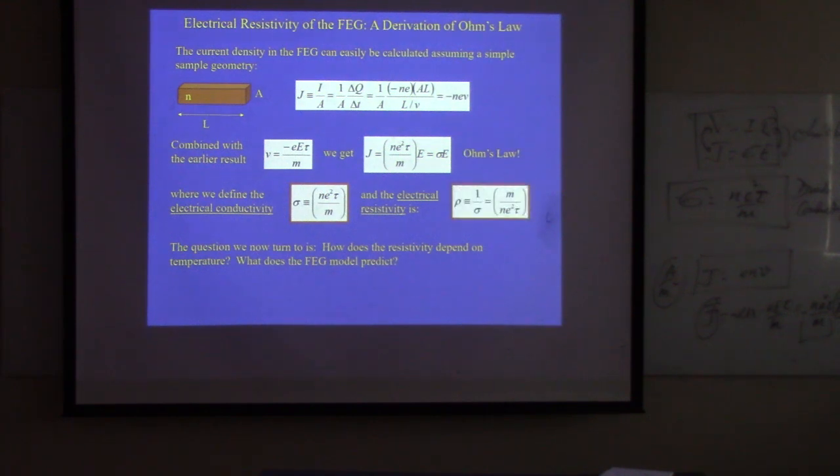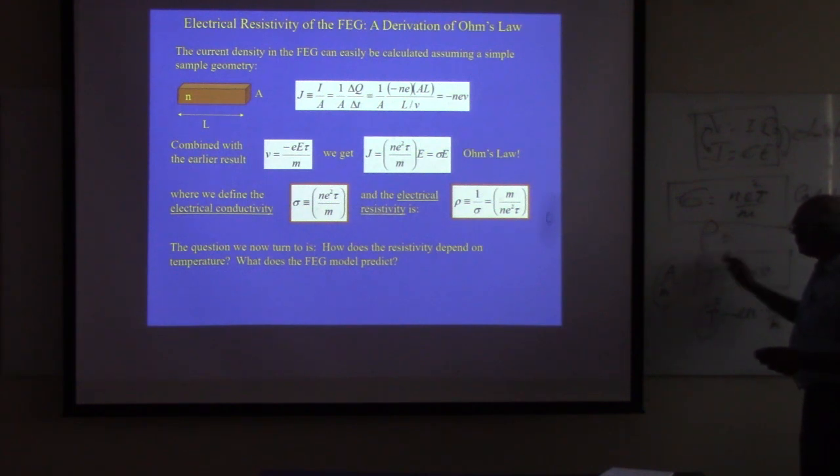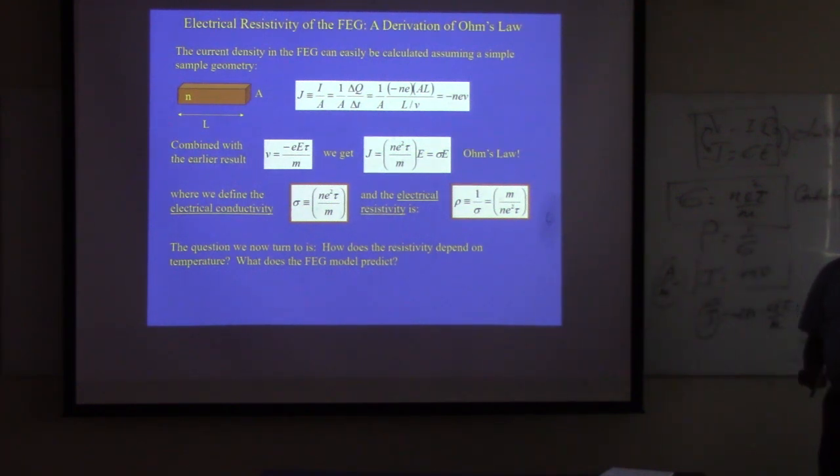So sometimes we define this as the conductivity, right? So we define resistivity, that is basically 1 over sigma. But I'm going to show this is not that simple.